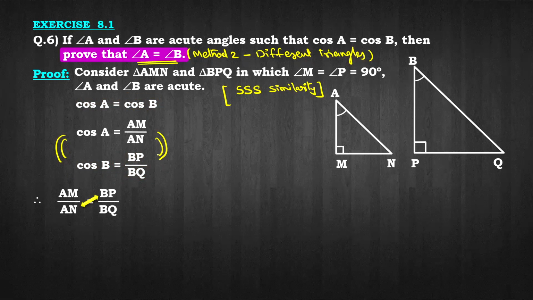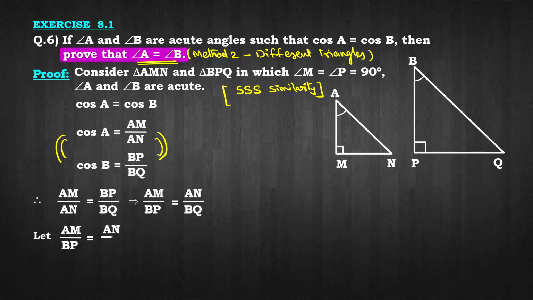Now what I do, I swap these two values. That is BP goes to the denominator and AN goes to the numerator. Therefore, we get AM by BP is equal to AN by BQ. So now what we do is equate these two ratios to some value, say K, and call it equation 1.